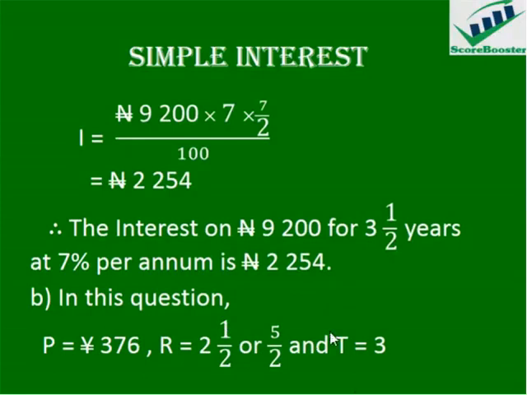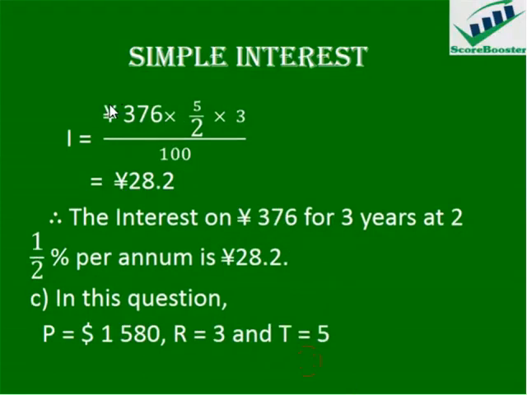So now you substitute this into the formula for interest given at the beginning of the solution. So it's going to be your 376 yen multiplied by 5/2 multiplied by 3, everything divided by 100. So this is going to be what? 188 multiplied by 5 multiplied by 3, divided by 100, and that's going to give 28.2 yen.